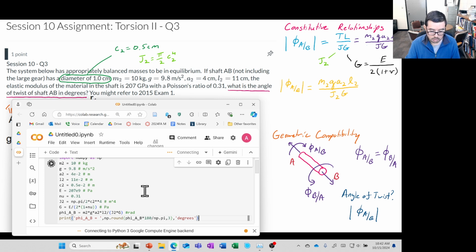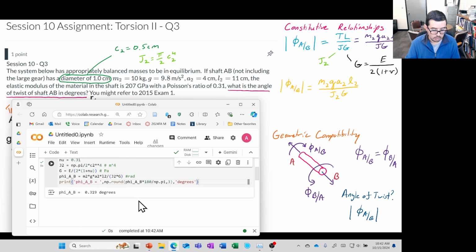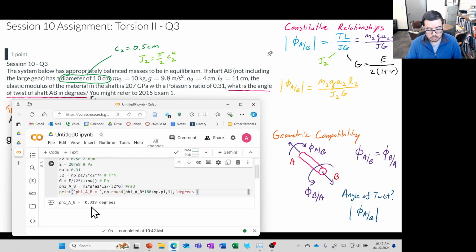It starts to run things, initializing, and then it runs. And what do we get? We get 0.319 degrees. That is not a tremendous amount of angle of twist. Physically that might make sense.